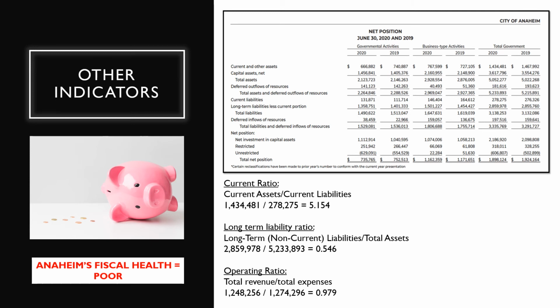Anaheim is not keeping a healthy ratio of its revenue compared to its expenses. This information confirmed the available funds and the actual expenditures that I looked at earlier. So the solvency is good for the immediate fiscal year, but in the long term the City of Anaheim will encounter difficulties meeting its long-term debt obligations.